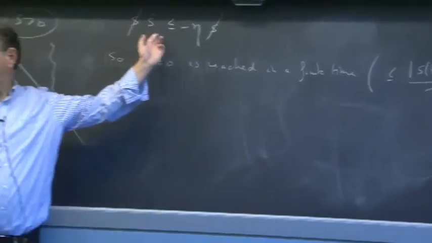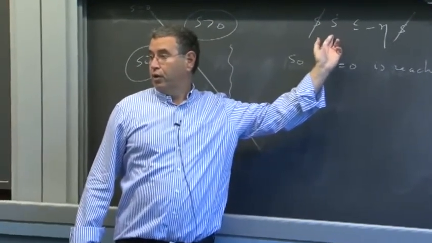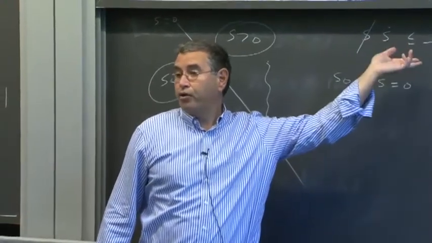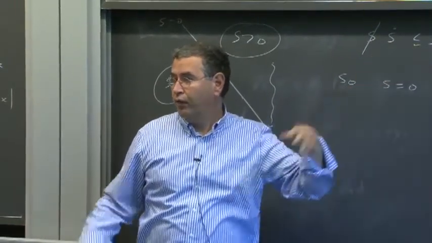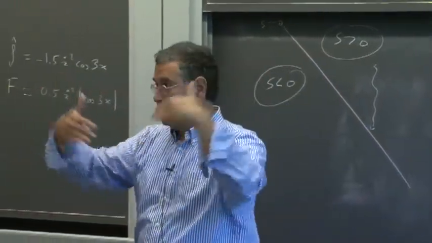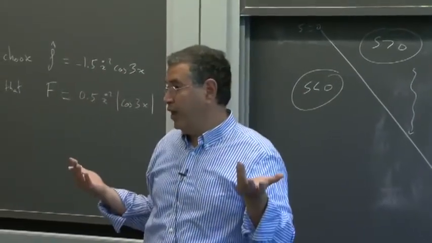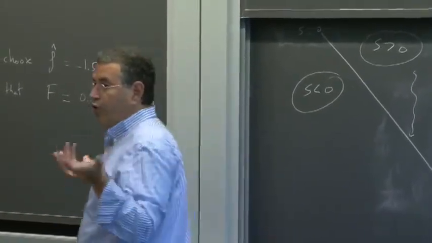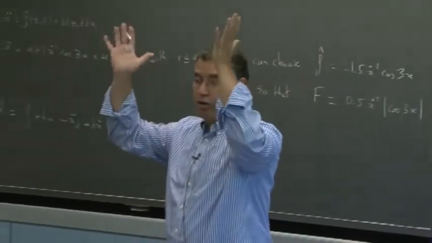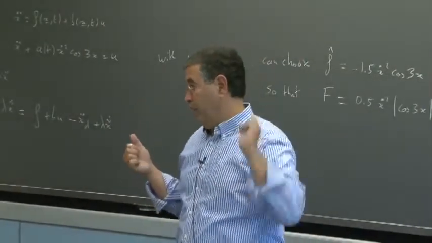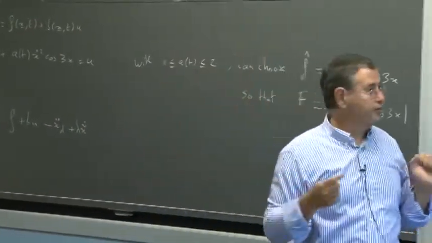In other words, we start with positive S, so it's the same thing as S dot less than minus eta. Therefore, the velocity towards 0 is always finite and negative. So you reach 0 in a time which is less than your initial position divided by eta.